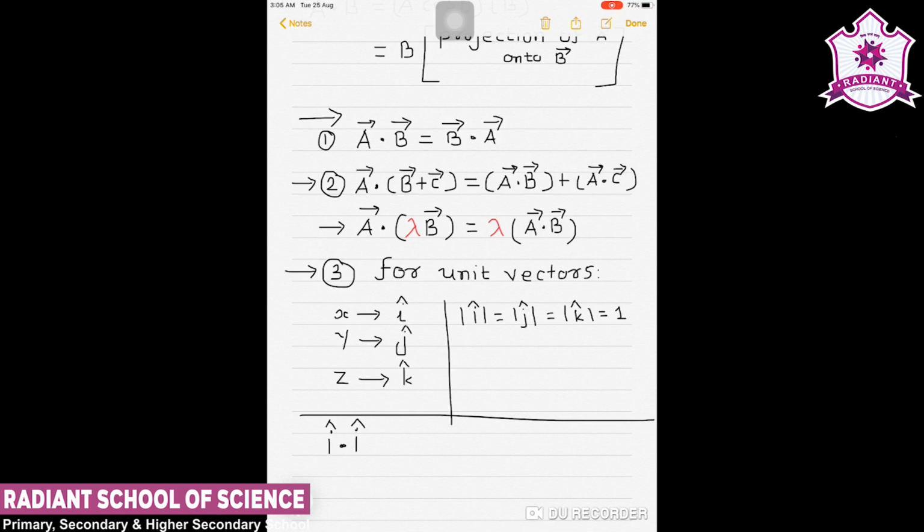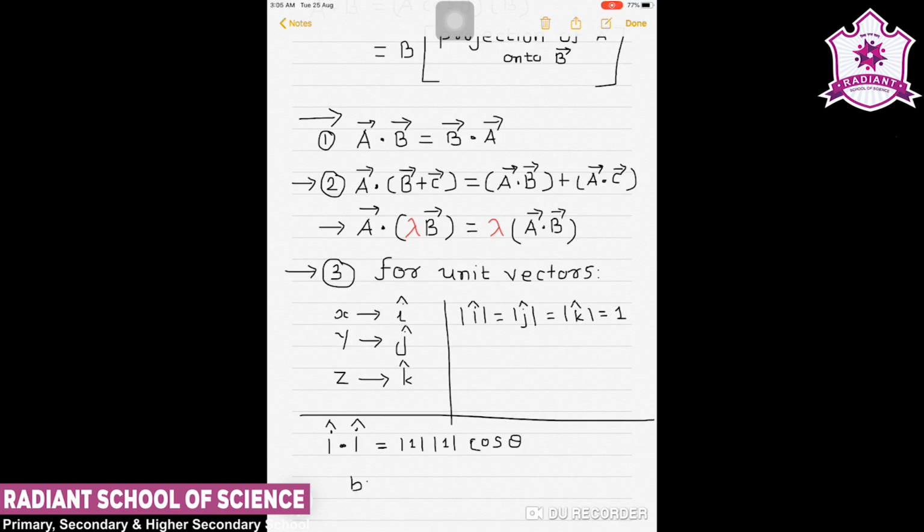So if we apply i dot i, this indicates that vector i has a value 1, another i also has the magnitude 1, and cos theta.